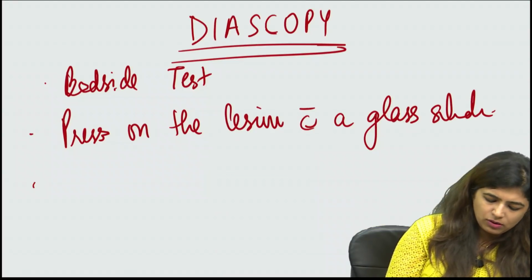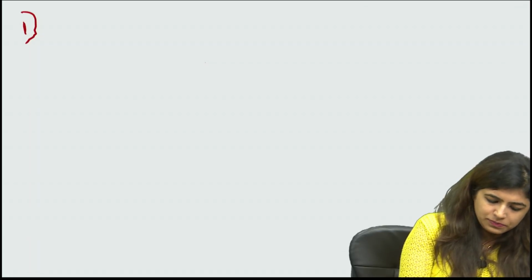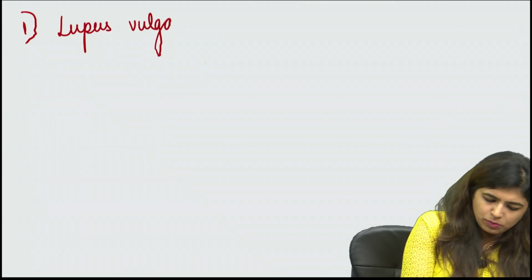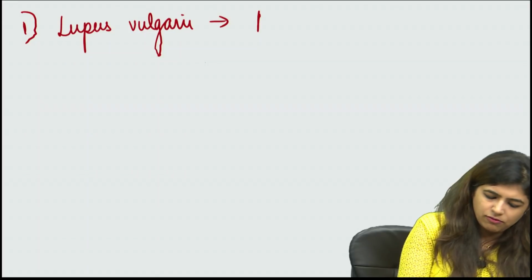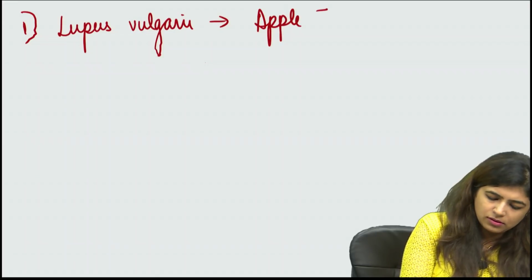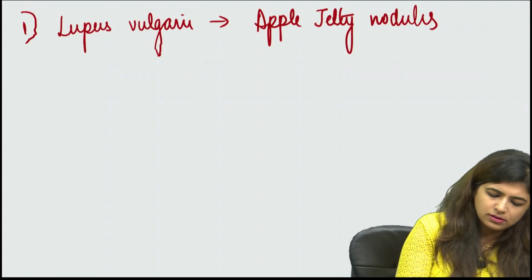At your level, what all is asked with respect to diascopy is one, it is done in lupus vulgaris, where you see apple jelly nodules.